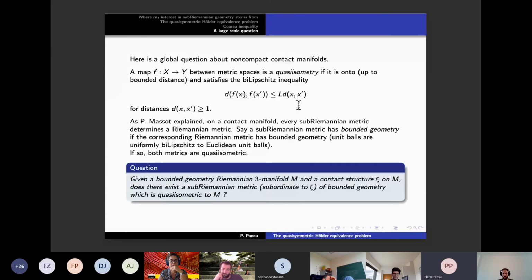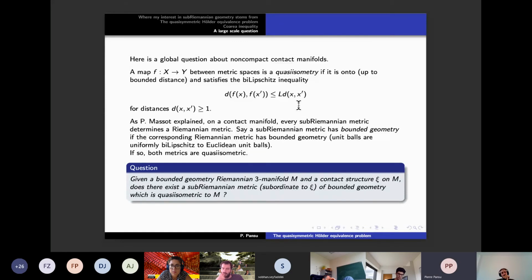Now I start with a bounded geometry Riemannian manifold in dimension 3 with a contact structure. And I'm wondering whether I can choose an adapted sub-Riemannian metric, again of bounded geometry, which is quasi-isometric to the initial Riemannian metric.